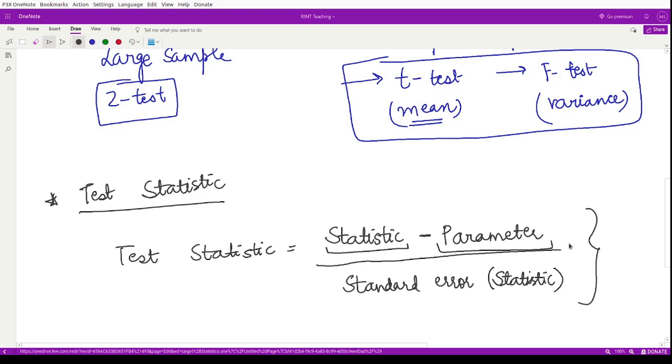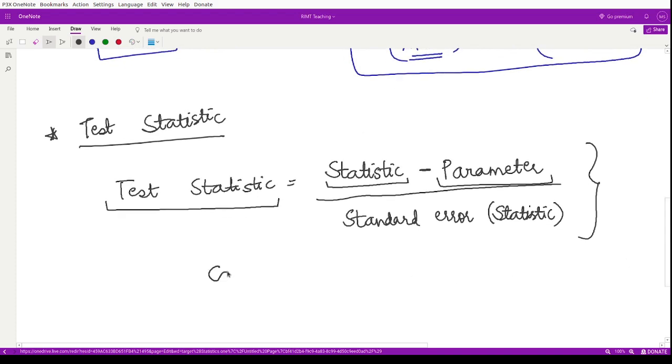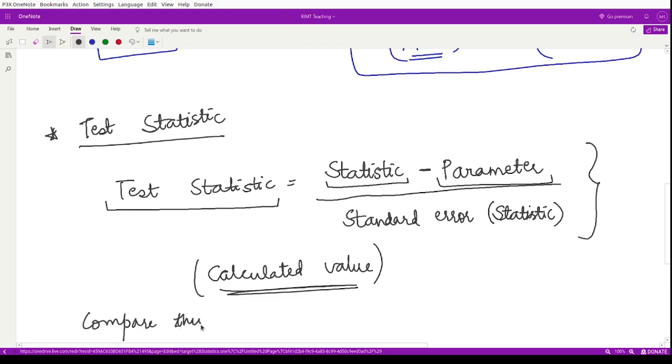So let's proceed further with other notations. What you do with the test statistic is calculate this number and call it your calculated value. At the end of your calculation, you compare this calculated value with the tabulated value. What is this tabulated value?